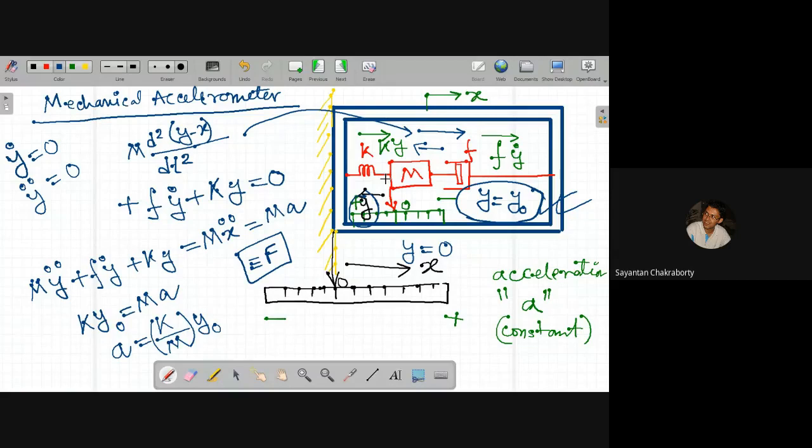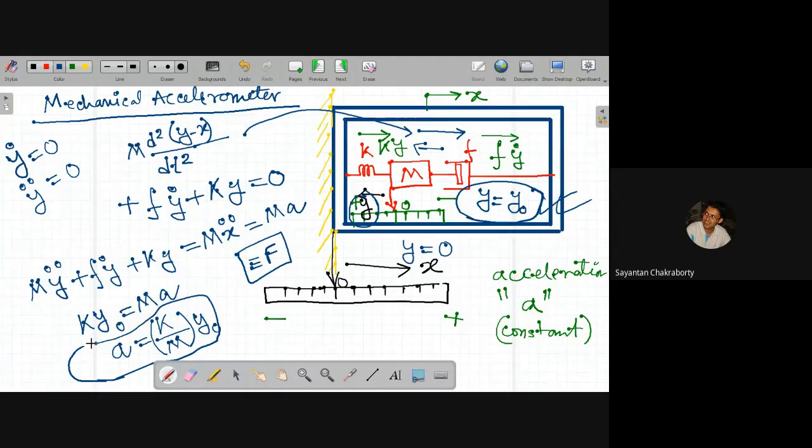That we call the equilibrium point. At the equilibrium point, if the deflection is y equal to y0, then that y0 is a direct indication of the acceleration. This is based on the assumption that acceleration remains constant throughout the process. So in this way, a mechanical accelerometer can measure acceleration as a function of this deflection, right?